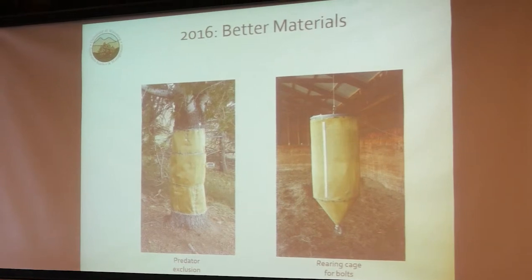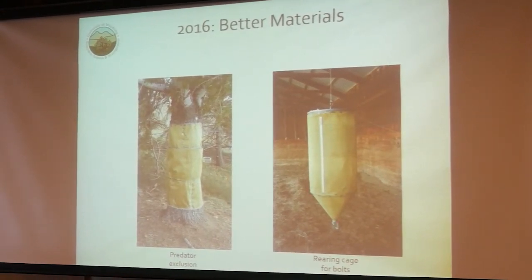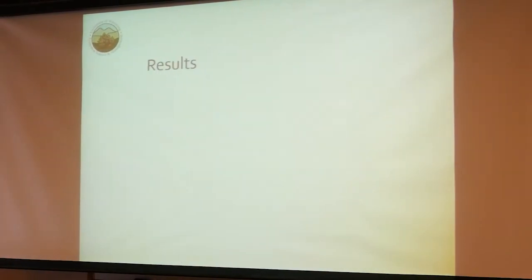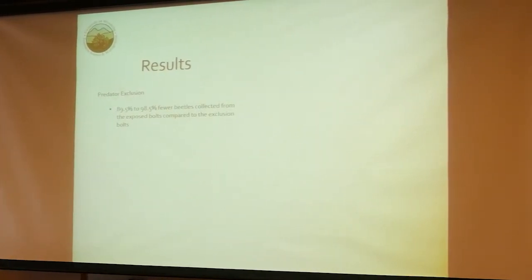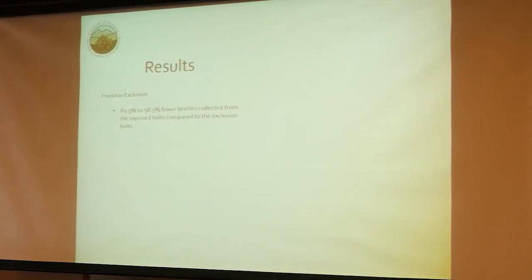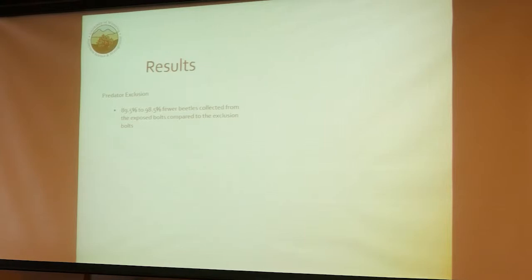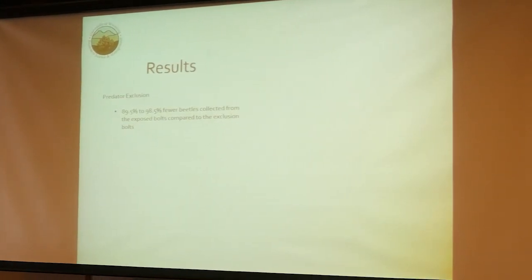This is still going. I have the results from last year's experiment. This year's experiment, I don't have the results yet, but this is what you all want to see, right? Okay, this is the exciting part. Even with all the imperfections in the system last time, it did demonstrate there was a very, very large effect on the survival of bark beetles.